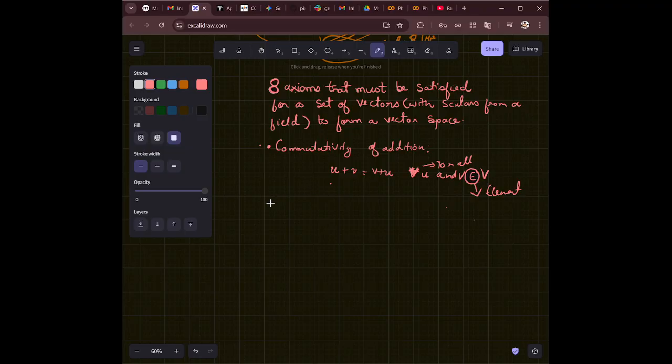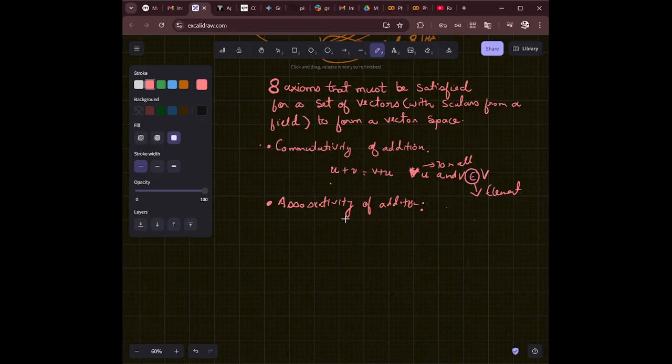Now the second axiom, which is related to addition, is associativity of addition.